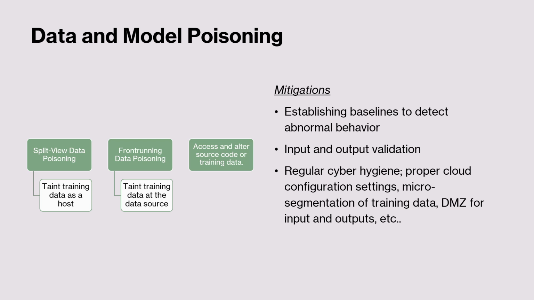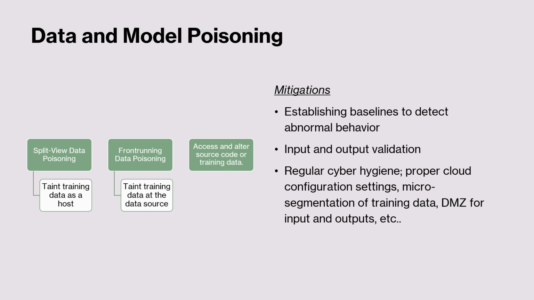It happens. There's also another technique called front running data poisoning, where instead of hosting the poison data through the web domain, they're just tainting the data source. So after a while, when you say a cat is a dog so many times, and it's in that training data set, eventually the AI is going to believe that the cat is a dog.